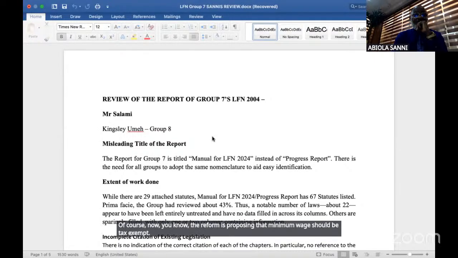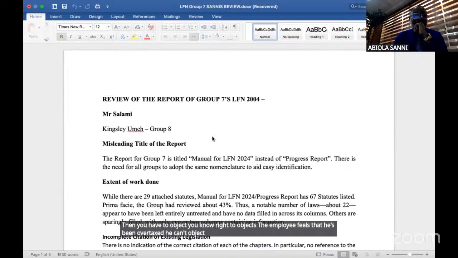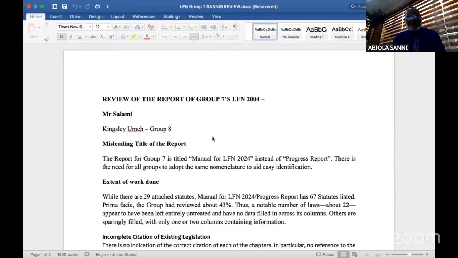Then you have the right to object. If an employee feels that he's being overtaxed, he can object. Then the substantive provision makes the employer answerable, and failure to withhold PAYE will render the employer liable to interest and penalty.